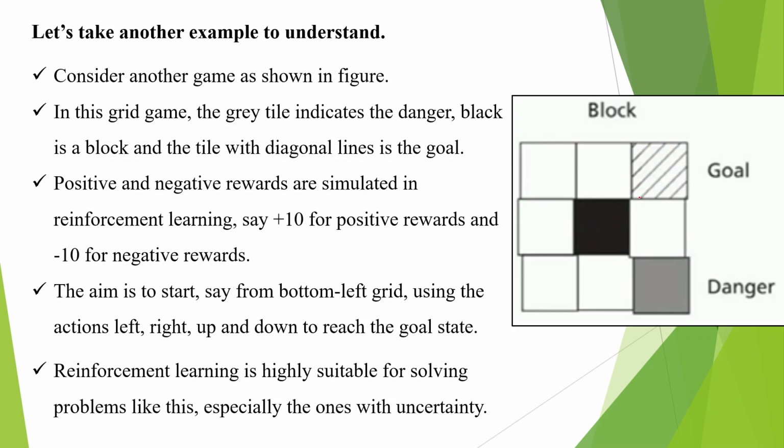This square, a brick with diagonal lines, is the goal brick. And a brick with a gray color we call the danger brick. Here the agent can move, but we should avoid such a movement because it is a danger brick.